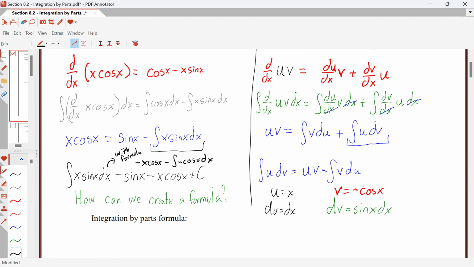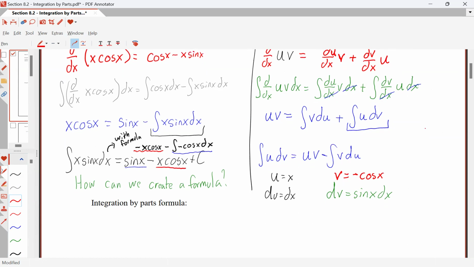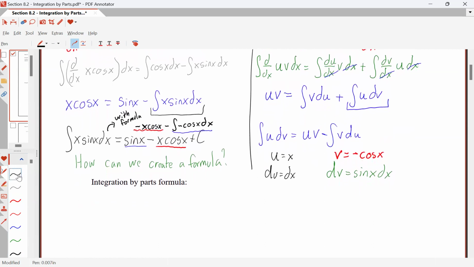Well, the integral of negative cosine x is negative sine x, and suddenly we have the same exact thing with that formula. So, undoing the product rule, we get our integration by parts formula. The integration by parts formula is the integral of u dv is equal to u v minus the integral of v du.